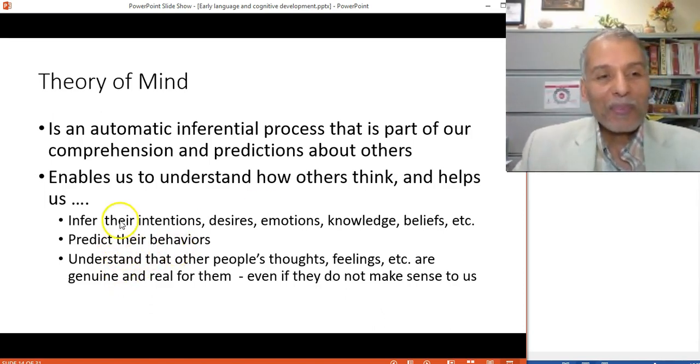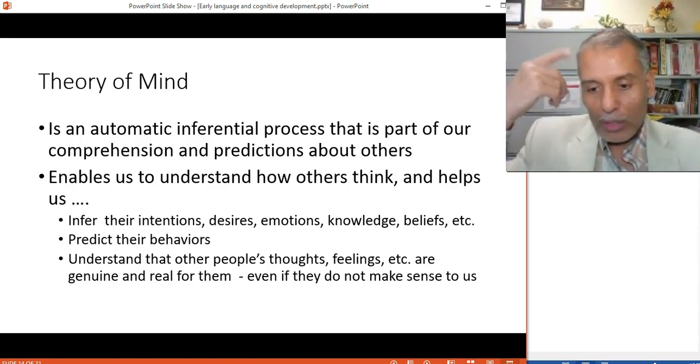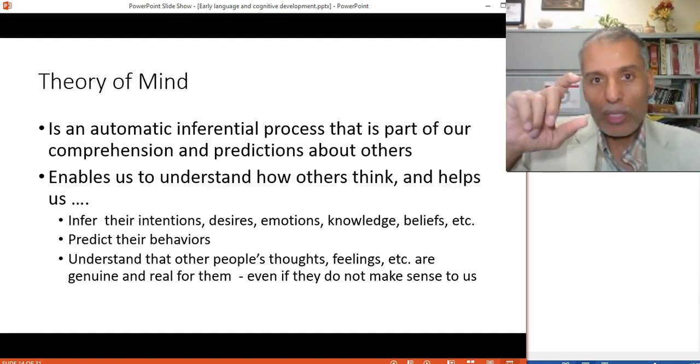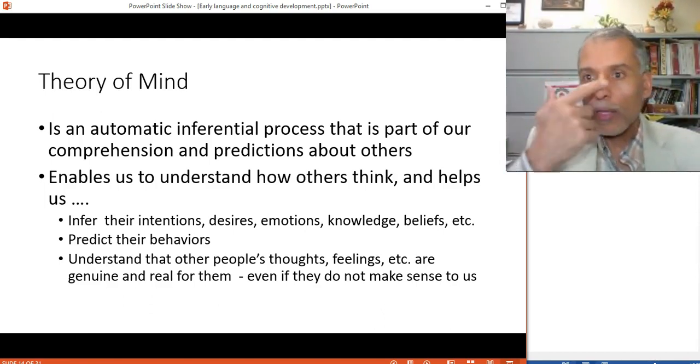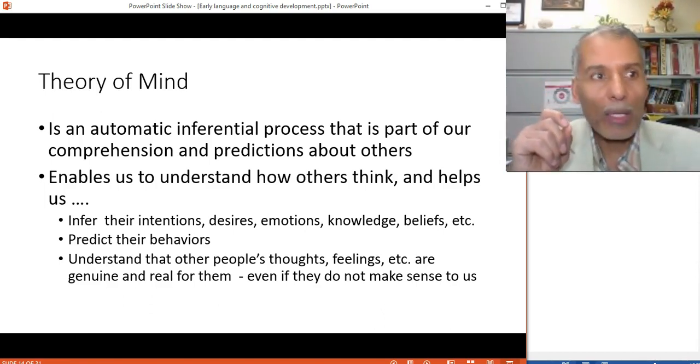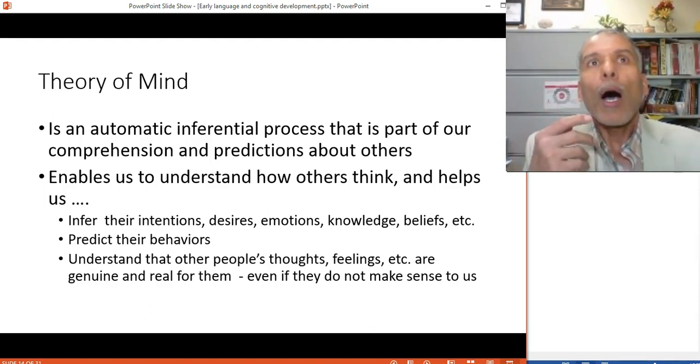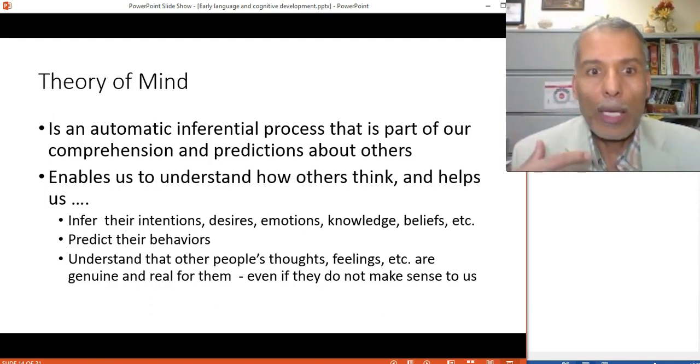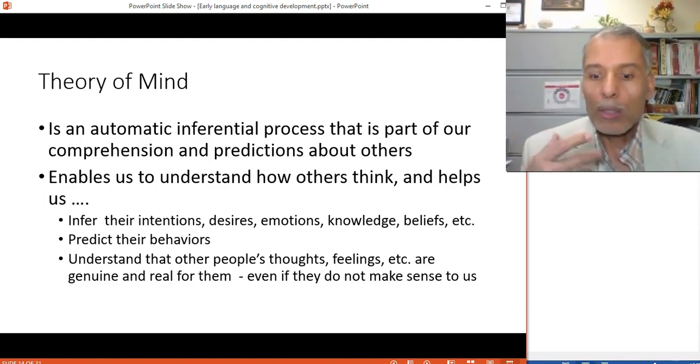So, theory of mind is an automatic inferential process that we constantly engage in as we interact with people. We look at their facial expressions. I say something, say cheese, and the person's face, I know they don't like that. They don't like cheese. Or they verbally say, I really don't eat cheese.